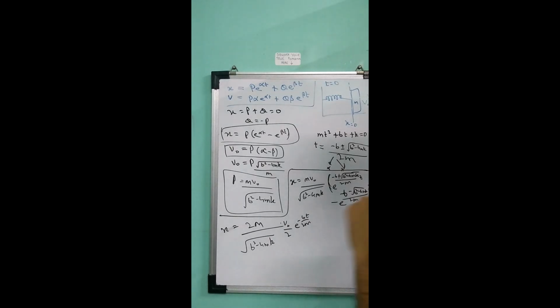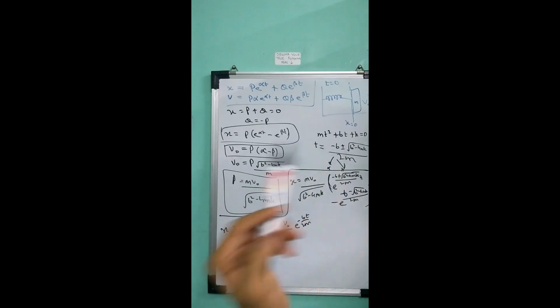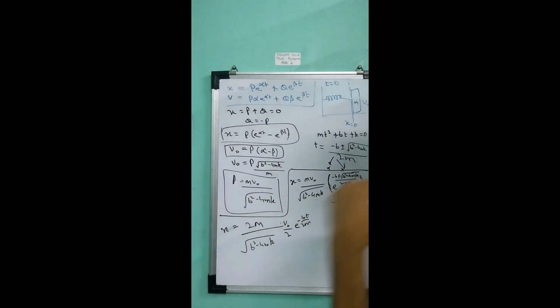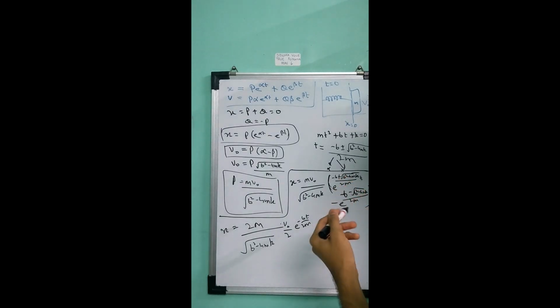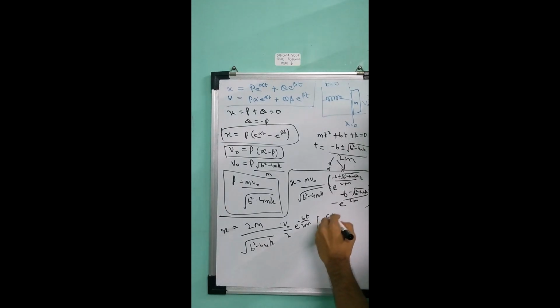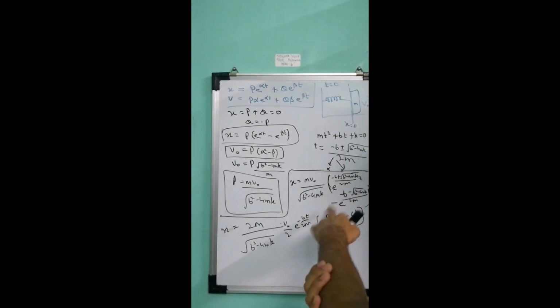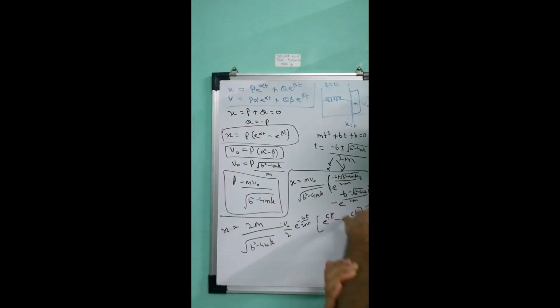Now, this question should naturally arise. What happens if the discriminant is less than 0, and what happens when it's greater than 0? When it's greater than 0, you'll get something like this into e to the power ct minus e to the power minus ct, where c is root b square minus 4mk by 2m.